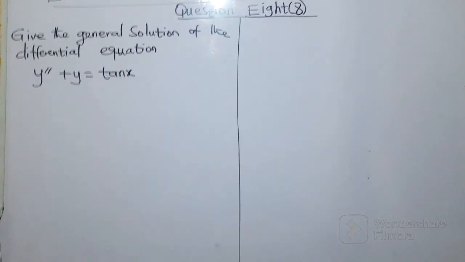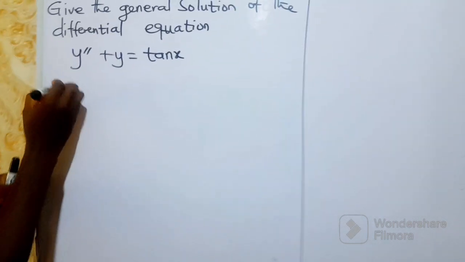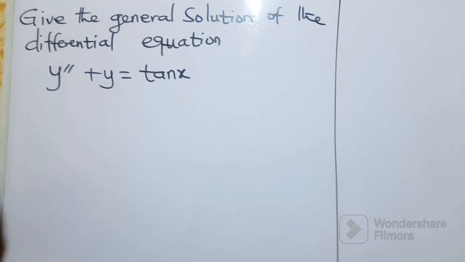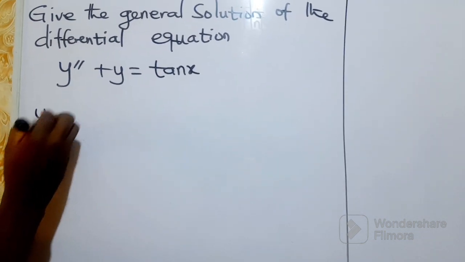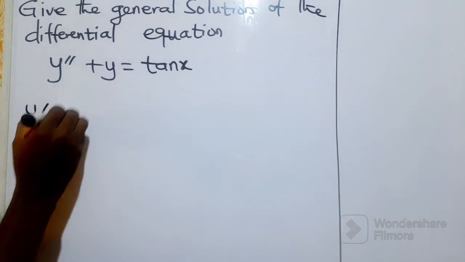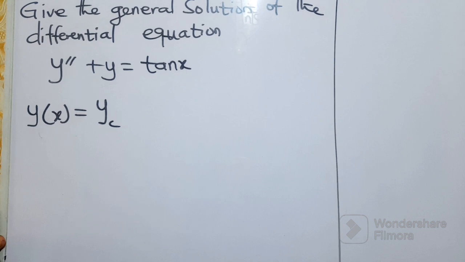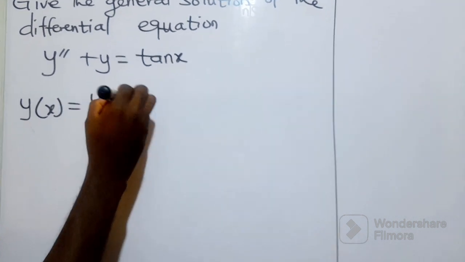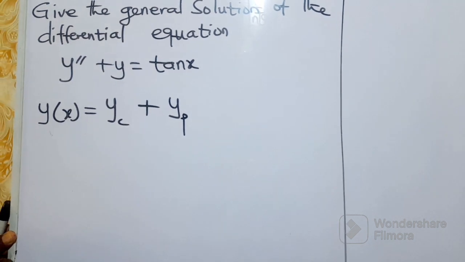We said that the general solution y(x) to a non-homogeneous differential equation will be equal to the complementary solution to the homogeneous side plus the solution to the non-homogeneous side.